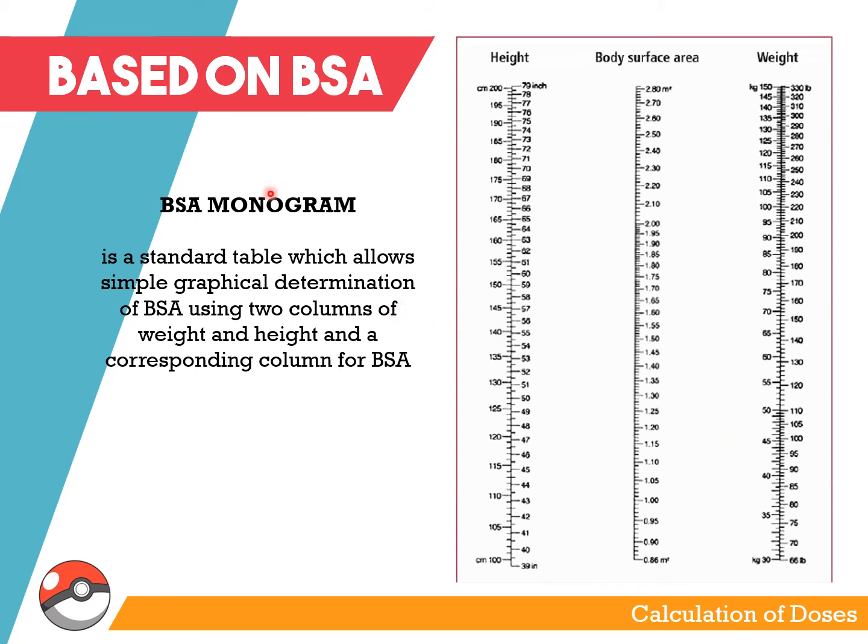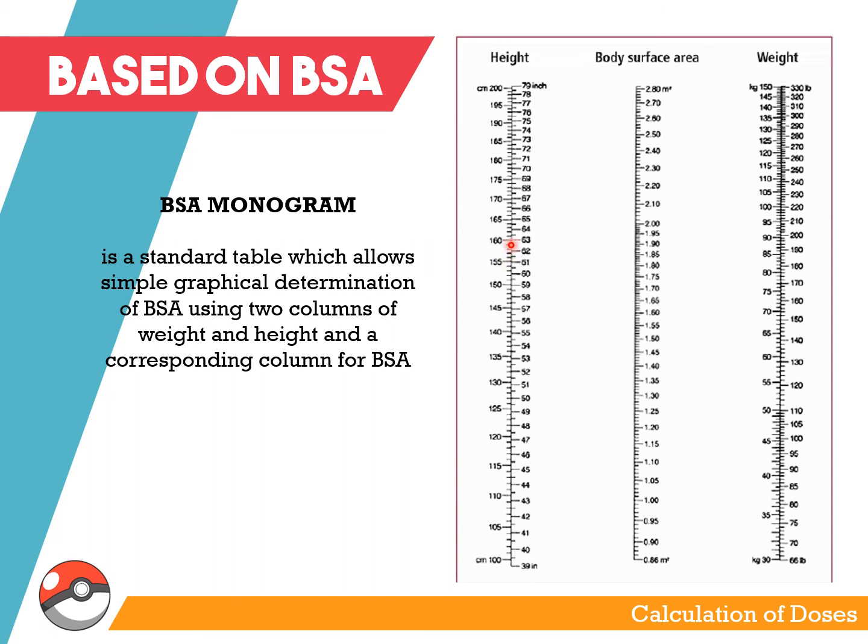So what is a BSA nomogram? So it is a standard chart which allows a simple graphical determination of BSA using two columns of weight and height and a corresponding column for BSA. So how do we use this? For example, a child is, let's say, 160 centimeters tall and weighs 105 kilograms.